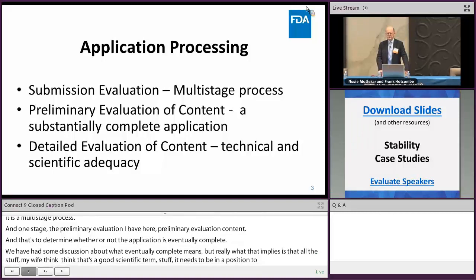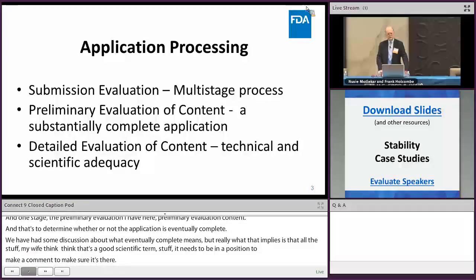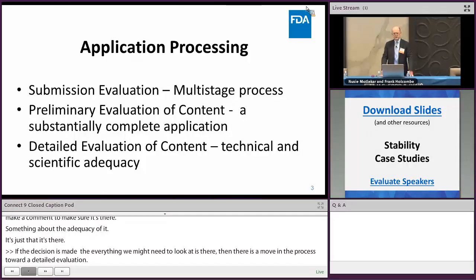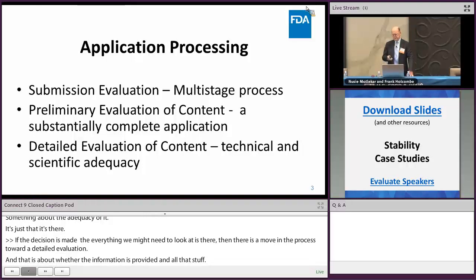If the decision is made that everything that we might need to look at is there, then there is a move in the process toward a detailed evaluation of content. And that is about whether the information that's provided, all that stuff, has the right technical and scientific adequacy to support the application that was presented.